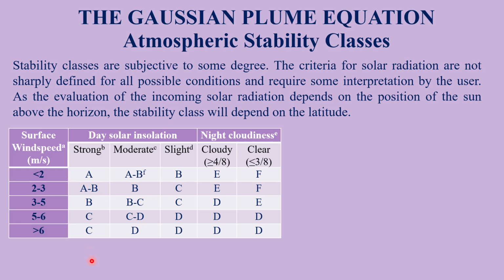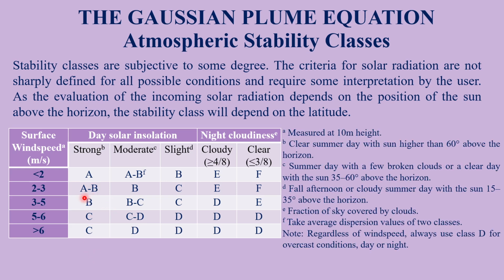If you look at the combination classes, sometimes it is A to B, or B to C, or C to D. And in the case of night cloudiness, cloudy is when more than half of the sky is cloudy, and clear is when the cloud cover is less than 0.4 or 0.375.